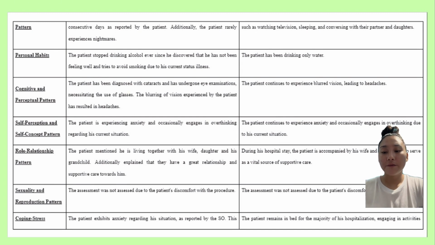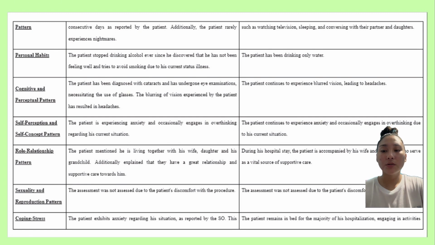Next is self-perception and self-concept pattern. Before hospitalization, the patient is experiencing anxiety and occasionally engages in overthinking regarding his current situation. And during his hospitalization, the patient continues to experience anxiety and occasionally engages in overthinking due to his current situation.